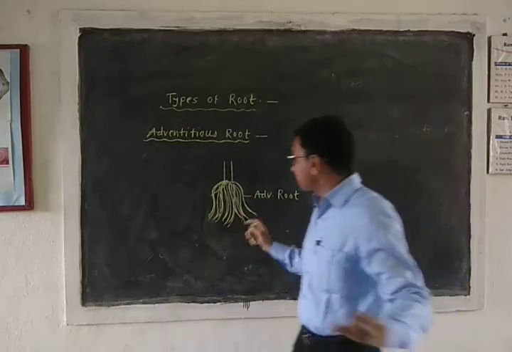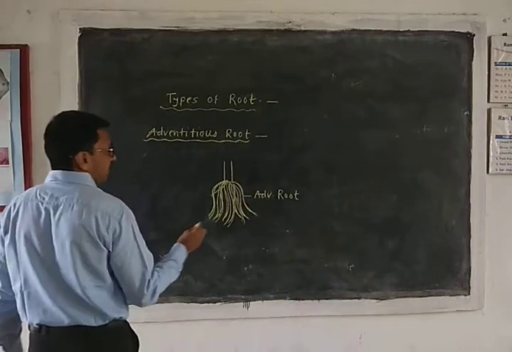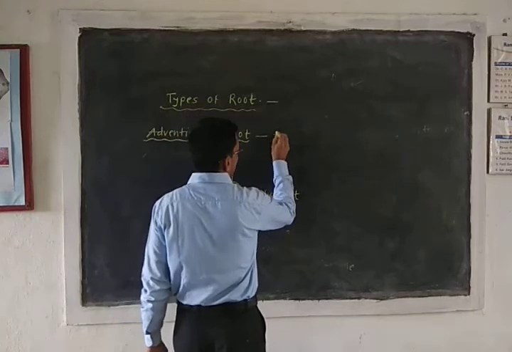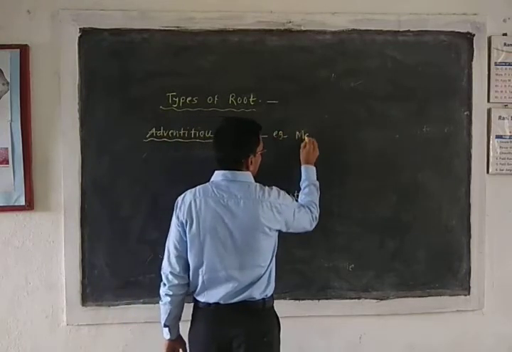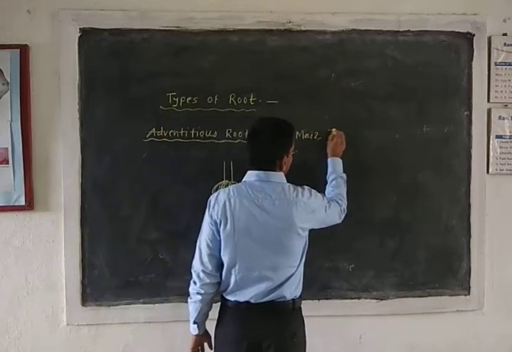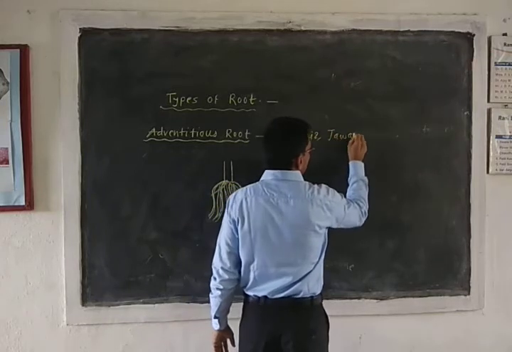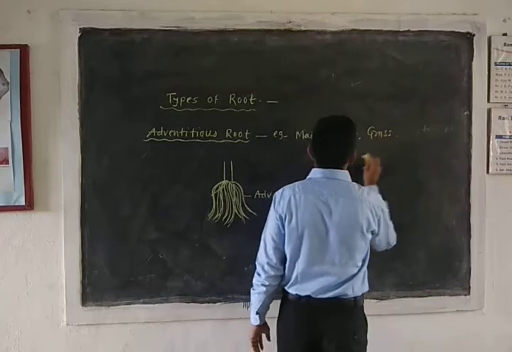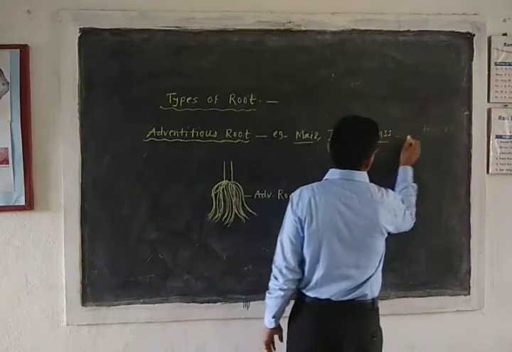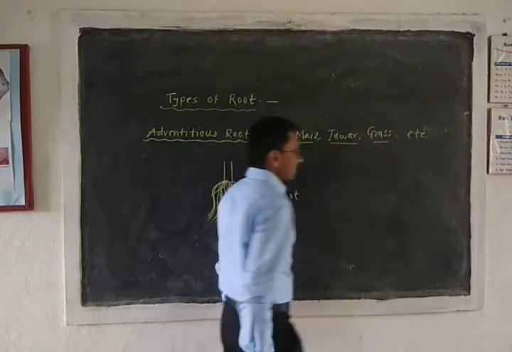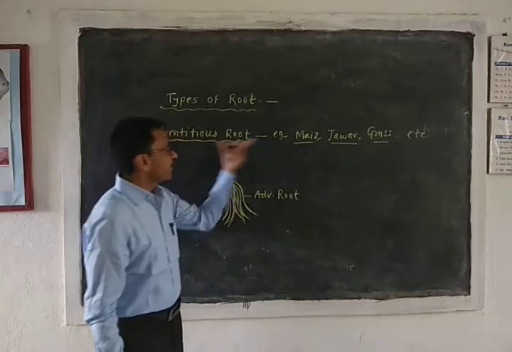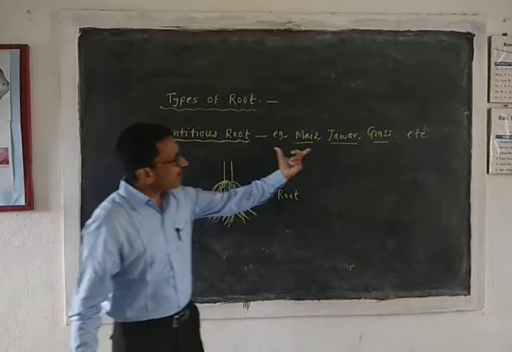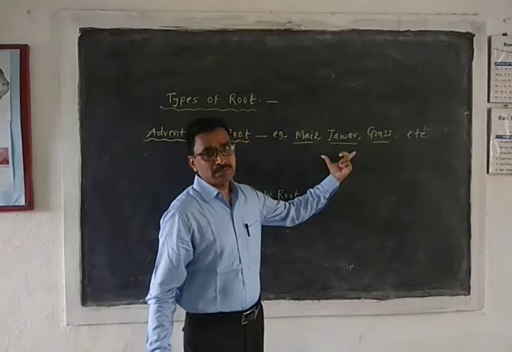An example of adventitious roots is maize, jowar, grass, etc. These are examples of adventitious root systems, and these are all examples of monocotyledons.